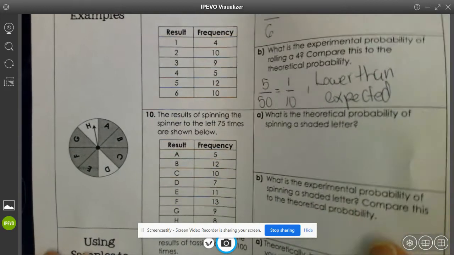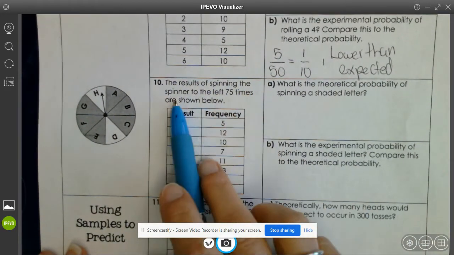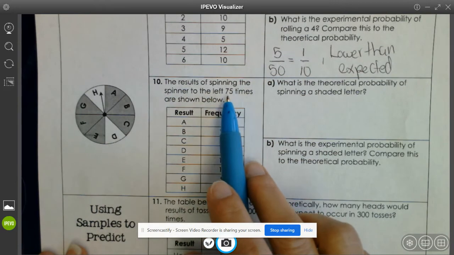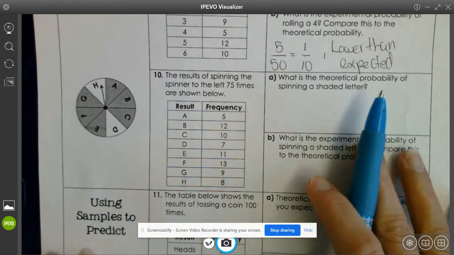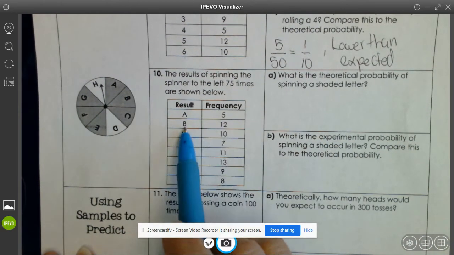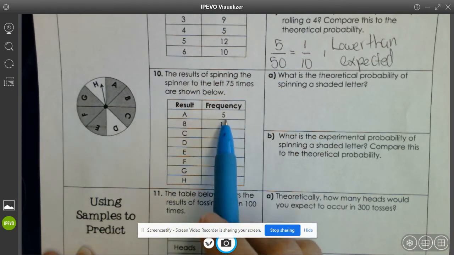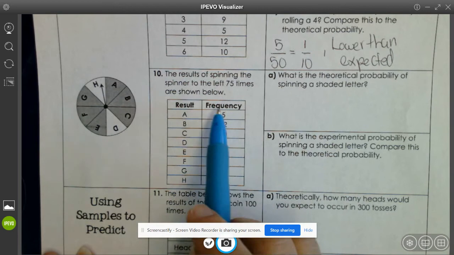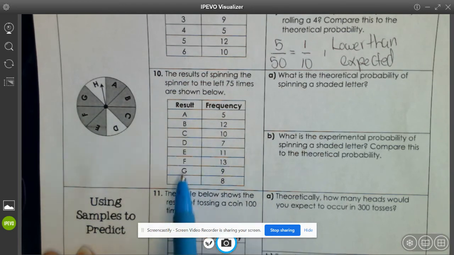On this one, we have this spinner again. The results of spinning the spinner to the left 75 times are shown. So this is a spinner, right? And then it fell on A 5 times, it fell on B 12 times. So when you spin it 75 times, this is the frequency that it fell on A, it fell on B, and so on.